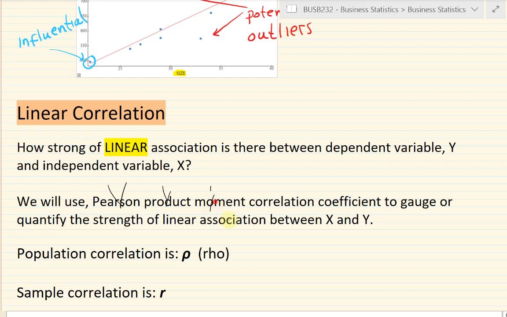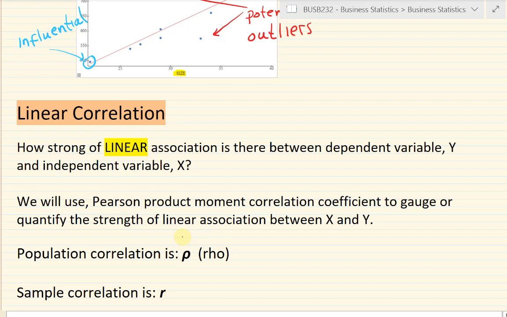A lot of books don't talk about it, but to be complete, I mentioned it. So we just use correlation coefficient. Okay. So we use the Pearson product moment correlation coefficient to quantify the strength of linear, again I want to emphasize linear here, association between x and y.